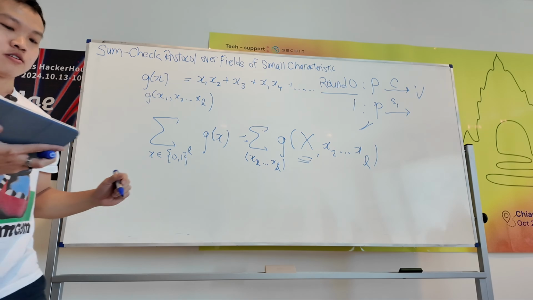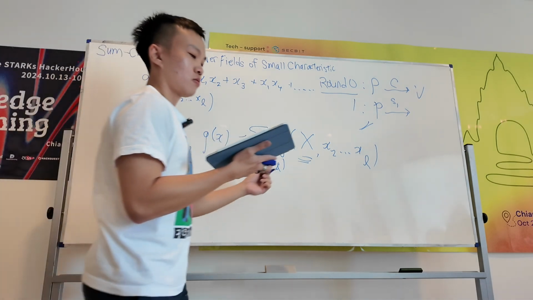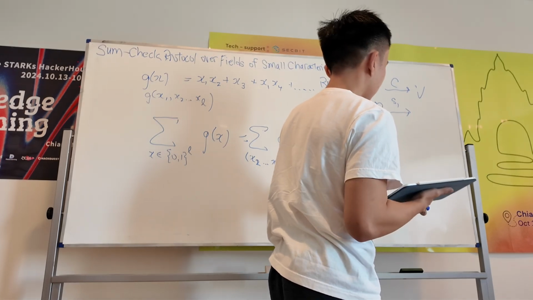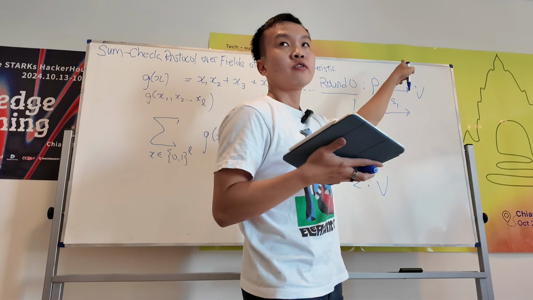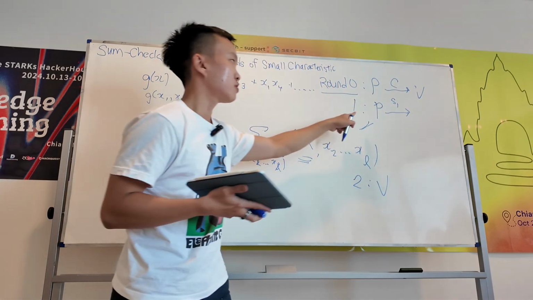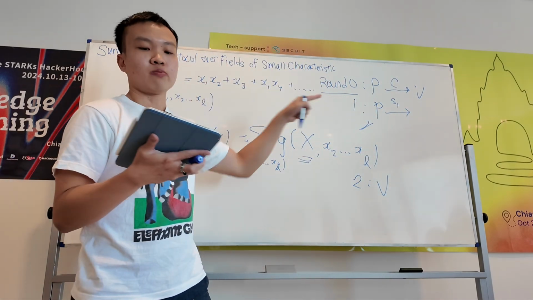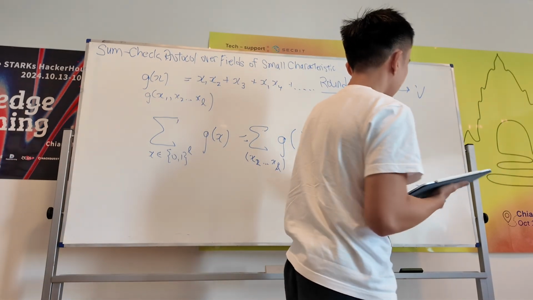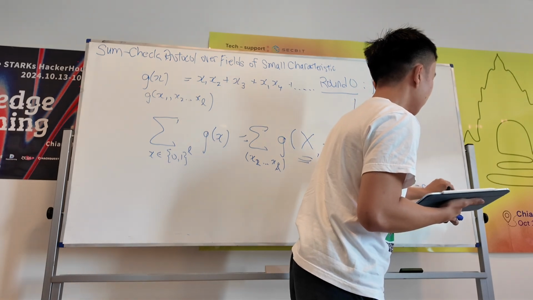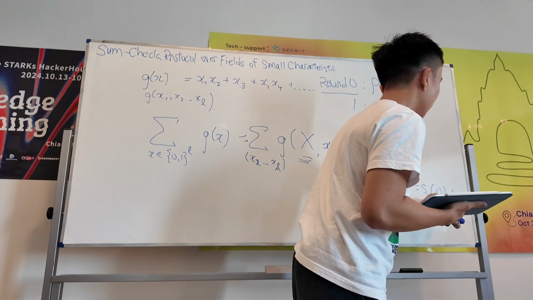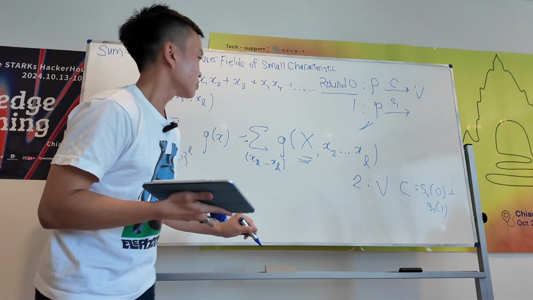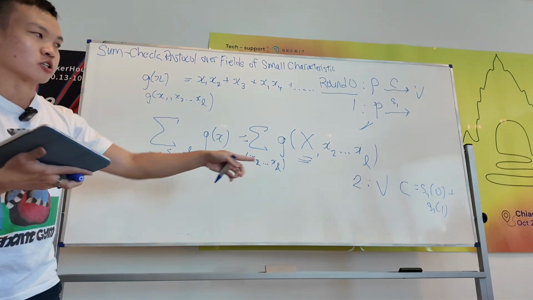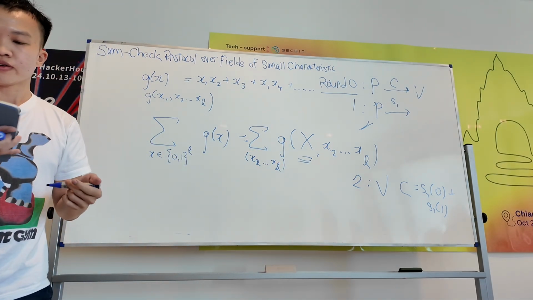Then in the next round, the verifier has the claim, and because the prover also sends this univariate polynomial, the verifier can check that C equals s1(0) plus s1(1). Because the first variable is free, we just plug in the values and check the claim that way.